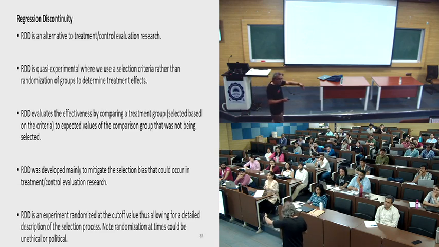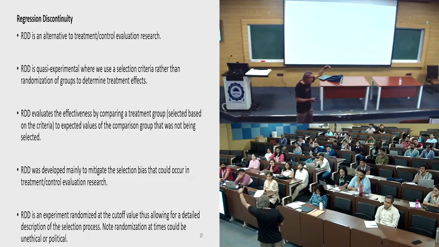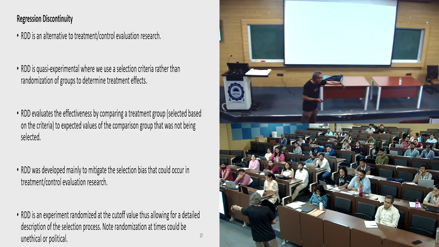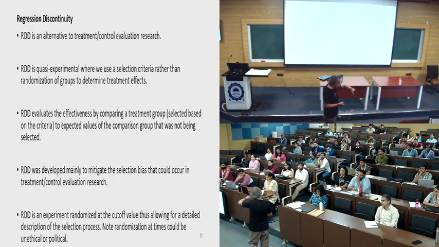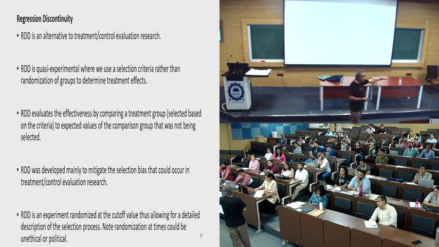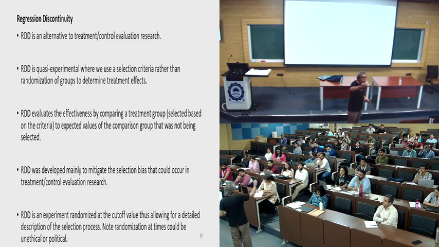I have a selection criteria that you would get the benefit of the program. If you have a blue card, you get the benefit. Or if you are very close to the blue card, you will get the benefit. If you are 0.5% away from the blue card, then you don't get the benefit. If you are the other way around, you get the benefit.